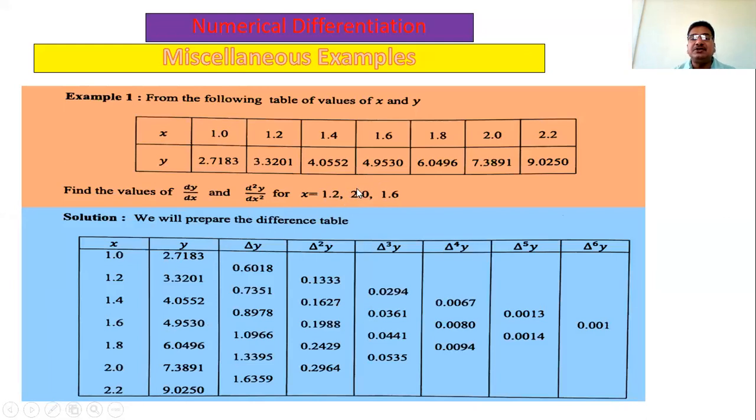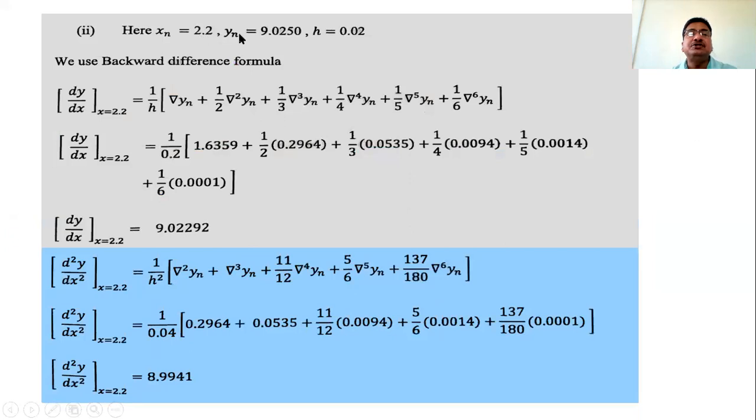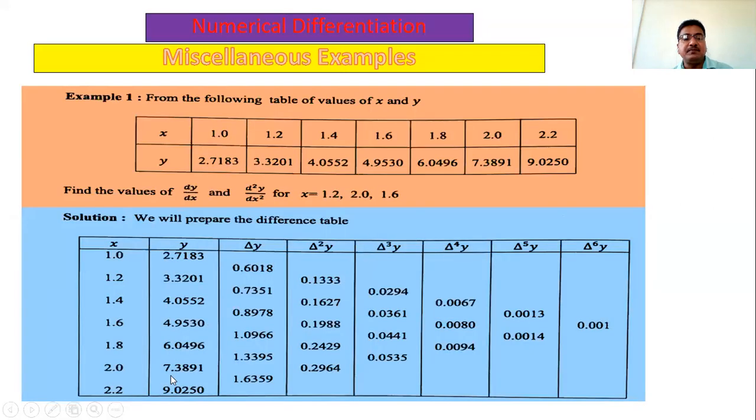So make a correction at this place. Suppose we have to find it at 2.2. If we have to find 2.0, then xn is 2.0. If you keep it as it is, 2.0 here, then yn and all these del y and all these quantities are from the table. But make the change here, that write 2.2.